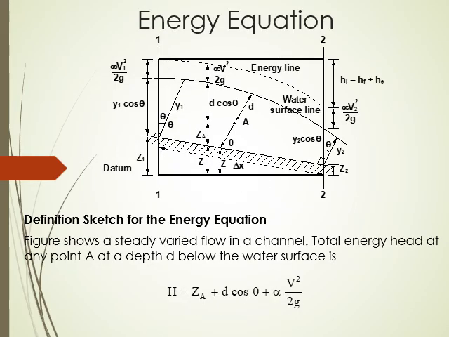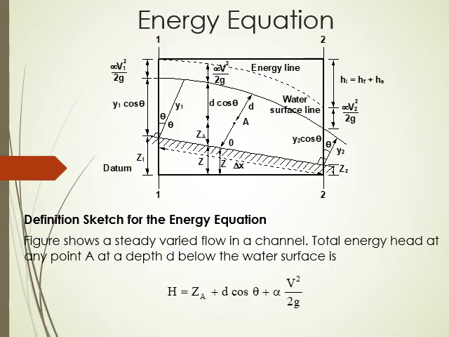So next we'll move on to the energy equation. The energy equation is for steady varied flow in a channel. The total energy head at any point A at a depth D below the water surface. Here there is a section 1 and section 2.